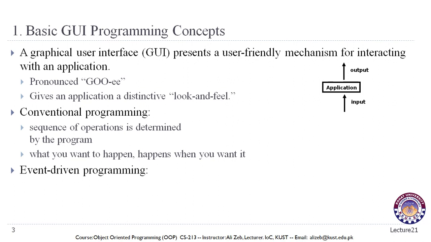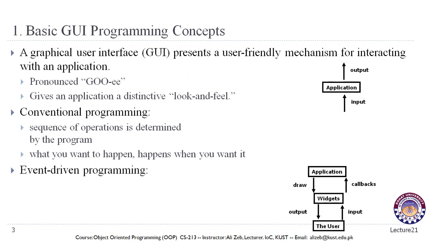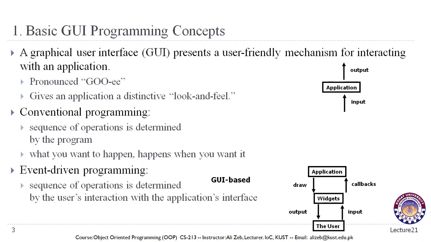and things will happen in that sequence. In event-driven programming, or graphical user interface programming, the user inputs through some widgets and the application, for example, provides us the results. The sequence of operations is determined by the user's interaction with the application's interface. So you can click anywhere on the screen and you can get the results.